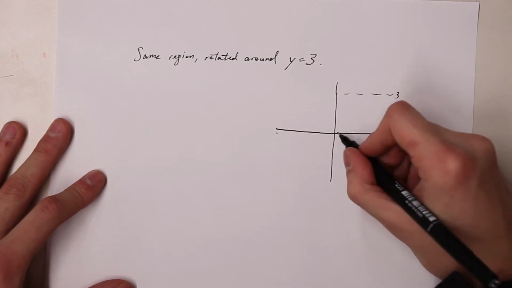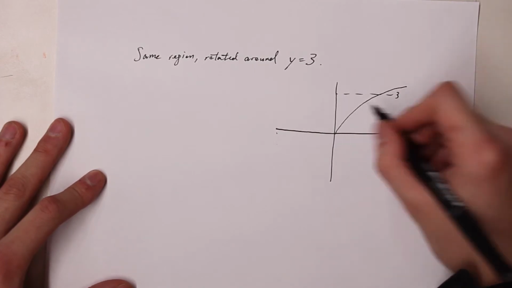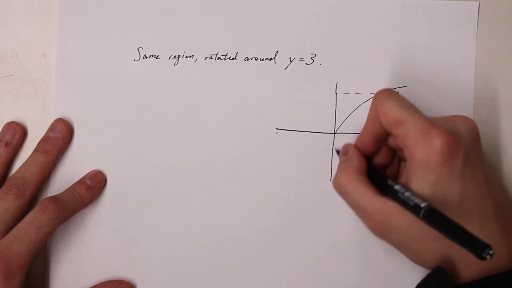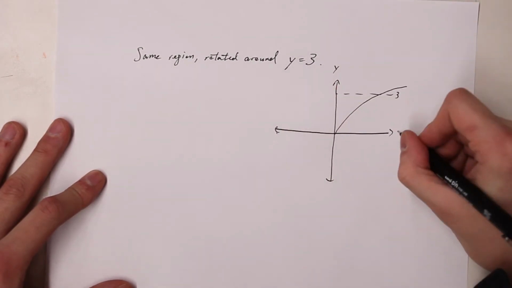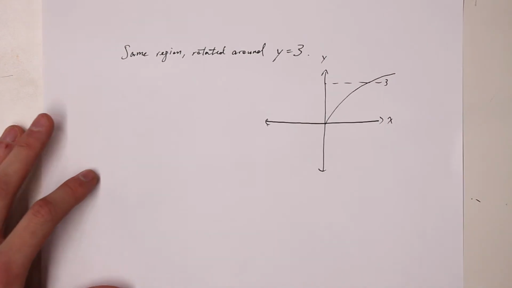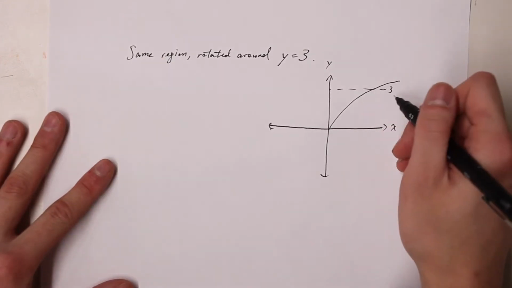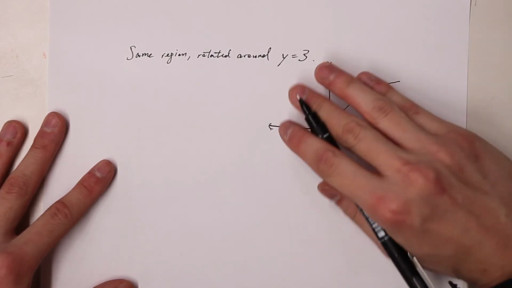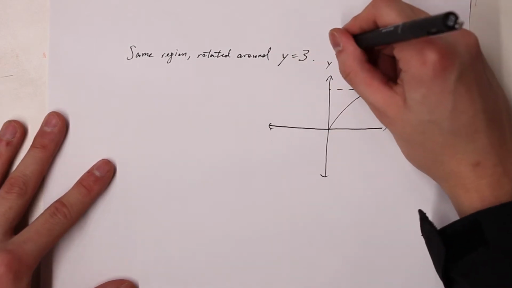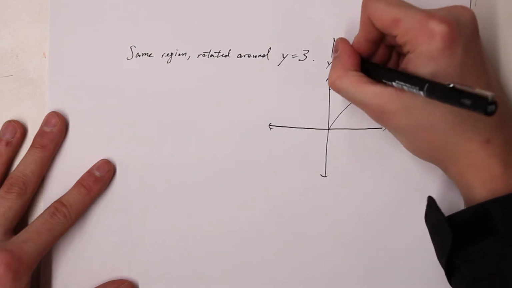That's 3. That's the root x graph, and then obviously you have the graph here. But because it asks you to rotate around y equals 3 and not the x-axis, this time it'll be flipping upwards this way, resulting in a graph like this.